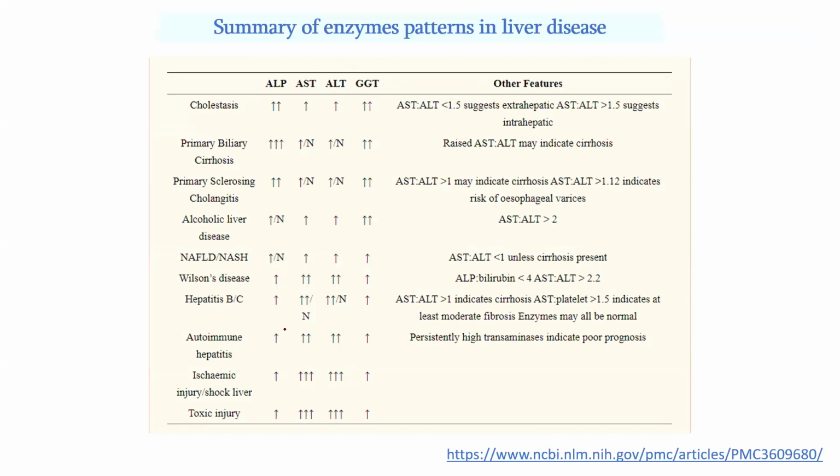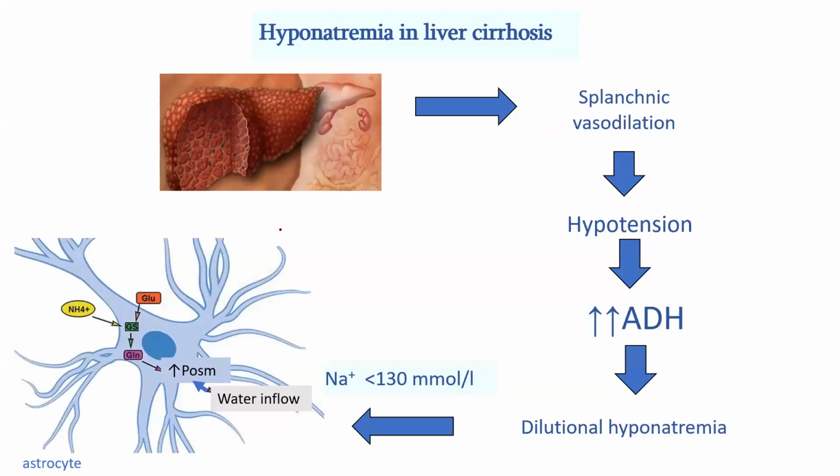And vice versa, if we have a problem with hepatocytes, we have high levels of AST and ALT and mild elevation of cholestatic markers. In case of alcoholic liver disease, we have an interesting pattern of elevation: alkaline phosphatase is normal, but GGT is elevated. This is due to specific action of alcohol on this enzyme.